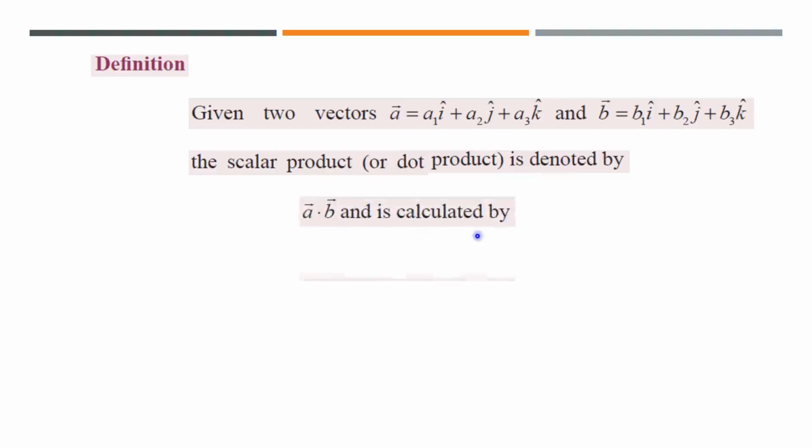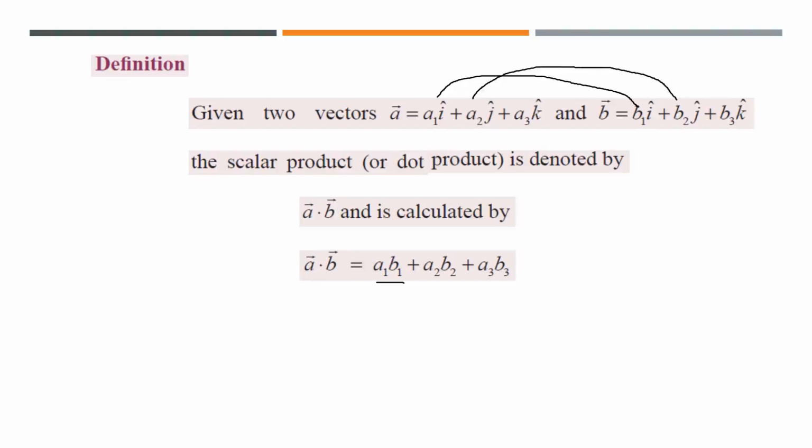It is calculated by pairing this i cap with this i cap. So the first one is a1 into b1, plus the next one is a2 with b2, that is j cap with this j cap, and the last one is a3 with b3. So a vector dot b vector is a1 b1 plus a2 b2 plus a3 b3.